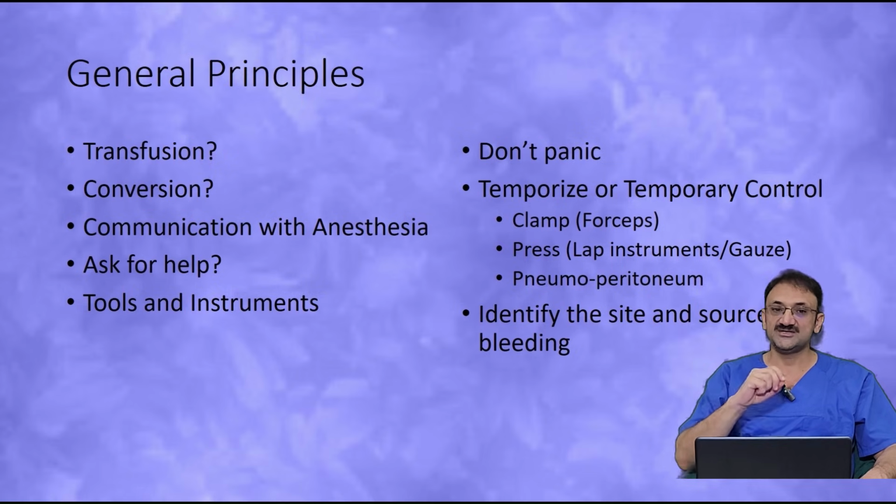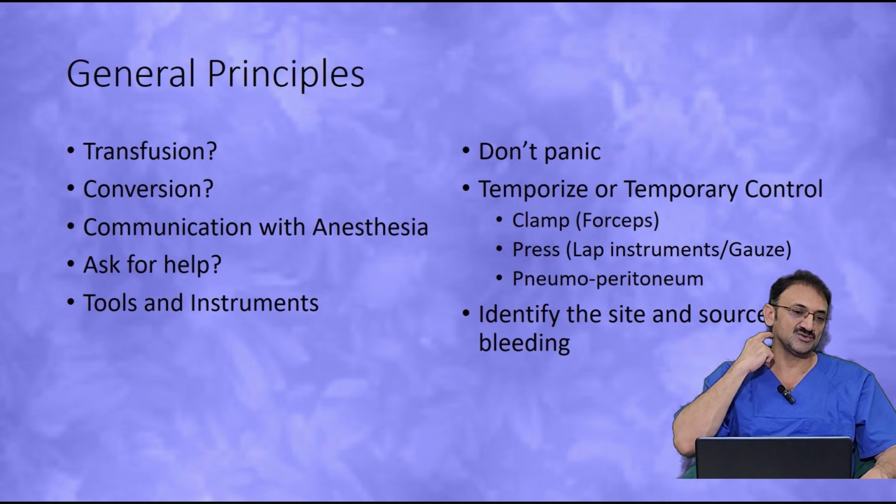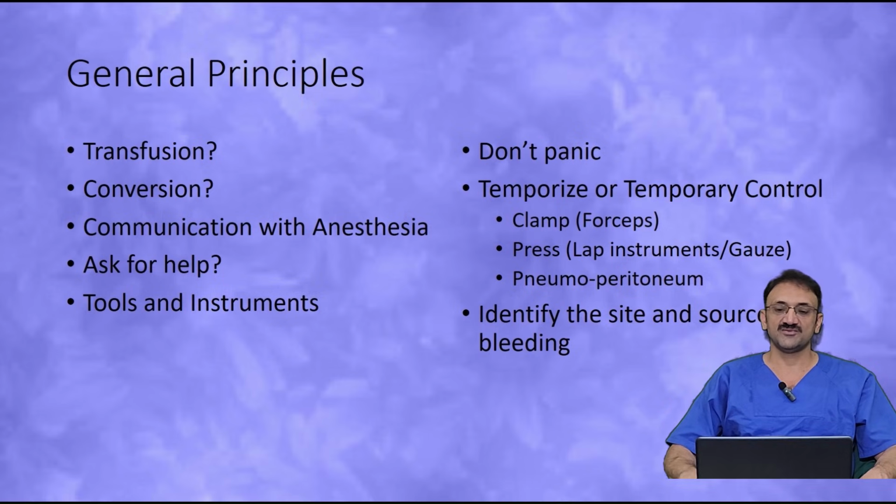And for that, you need to identify whether this is a venous bleed, whether this is an arterial bleed, or the kidney is bleeding. So the site of bleed, source of bleed is going to decide the further management of the complication.